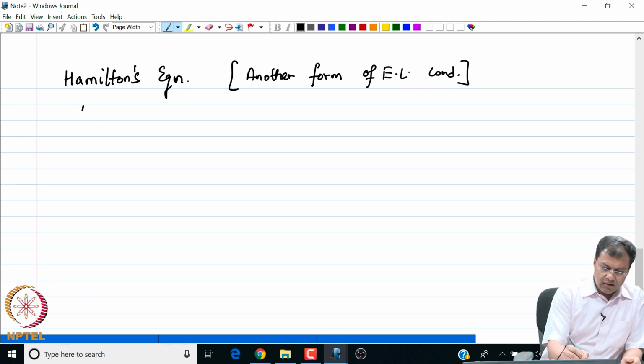Now to describe Hamilton's equations, we start with the functional.